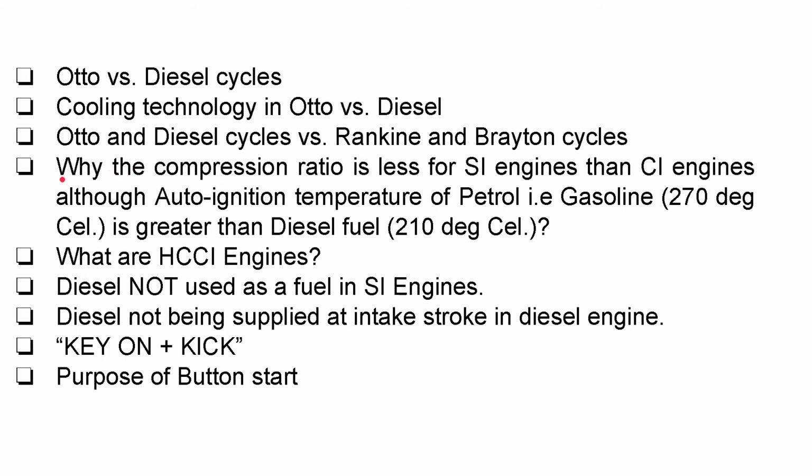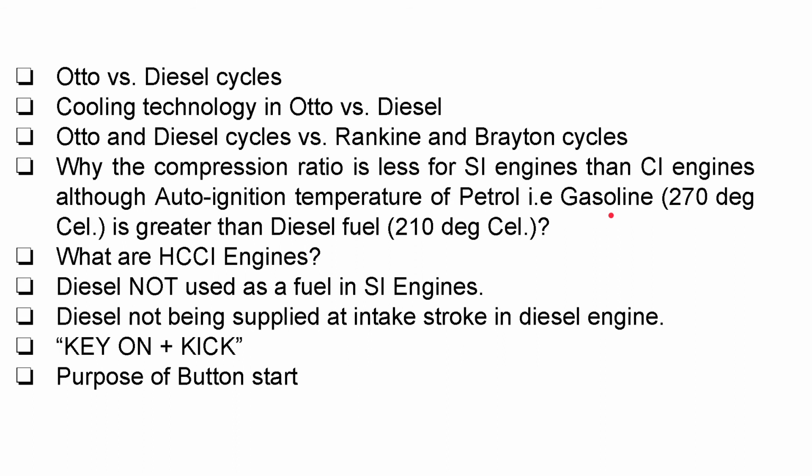Then let's discuss why the compression ratio is less for SI engines than CI engines. Although the auto ignition temperature of petrol, that is gasoline, is 270 degrees Celsius, which is greater than the diesel fuel, which is 210. So I would again repeat that since the SI engine uses petrol or gasoline, and its auto ignition temperature is 270 degrees Celsius, the compression ratio required to self ignite it without using a spark, just by compressing, would be very high.